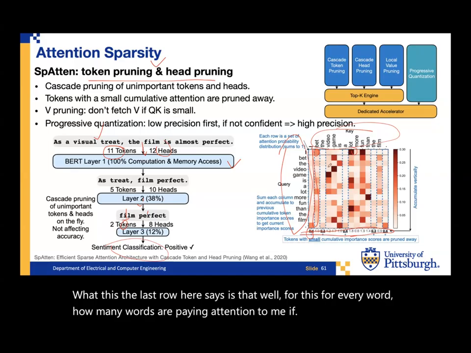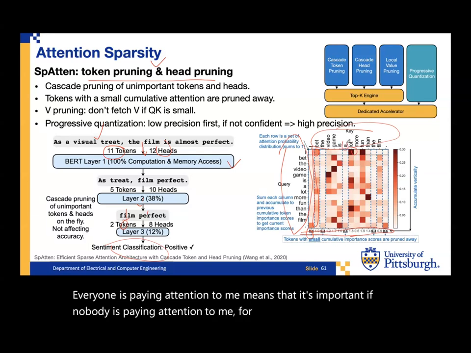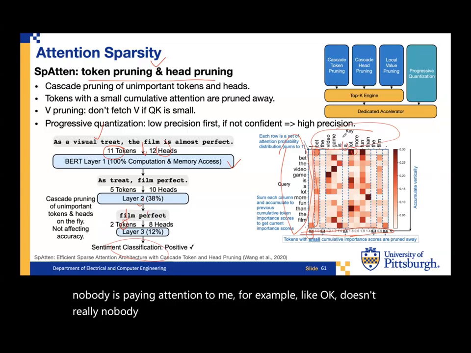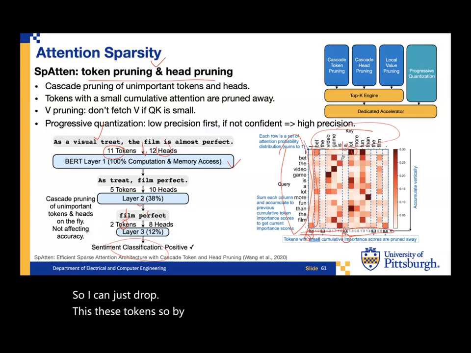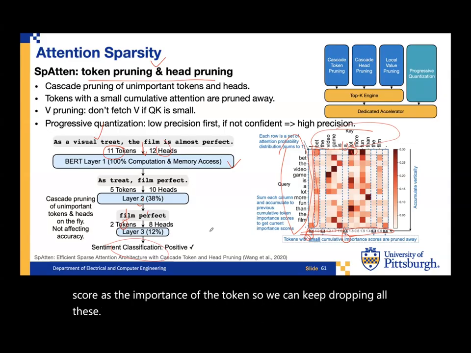If everyone is paying attention to me, it means that it's important. If nobody is paying attention to me, for example, nobody pays attention to "okay," there's no meaning in it. So I can just drop these tokens. By using this accumulated attention score as the importance of the token, we can keep dropping all these tokens.